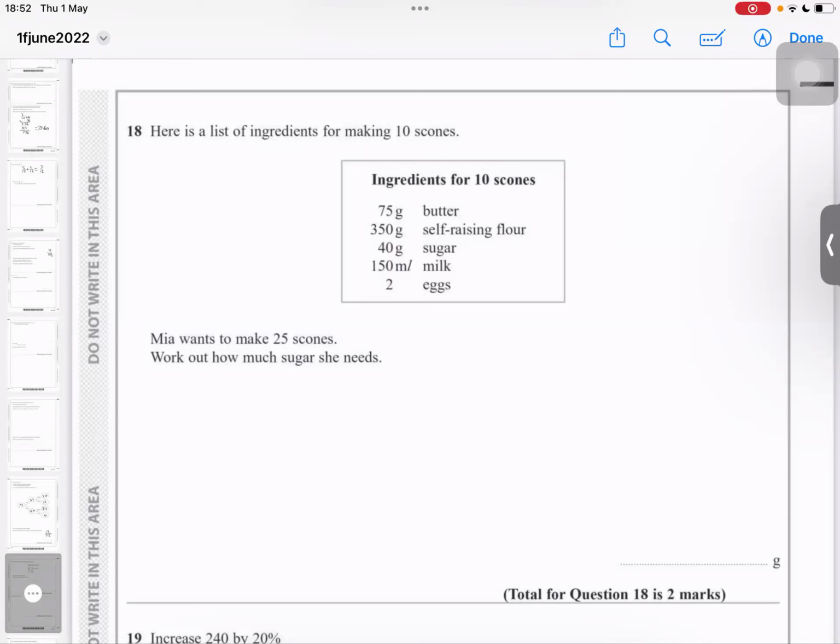We're asked how much would be needed to make 25. 25 is 10 plus 10 plus 5. So we first figured out what it took to make 5, which is half of what it will take to make 10. Then we simply add up. That's 40 plus 40 plus 20, and that's going to give us 100, isn't it? Yes. All right, so let's move on.